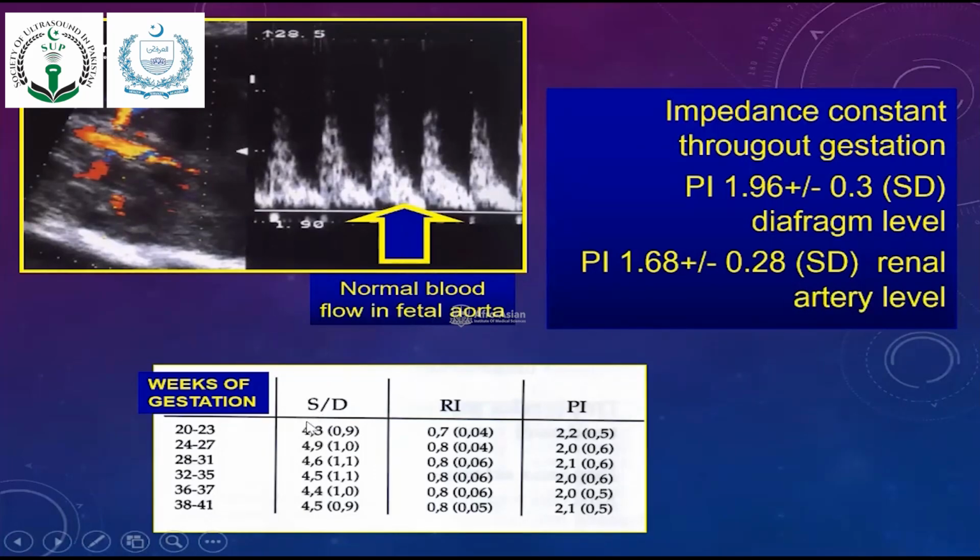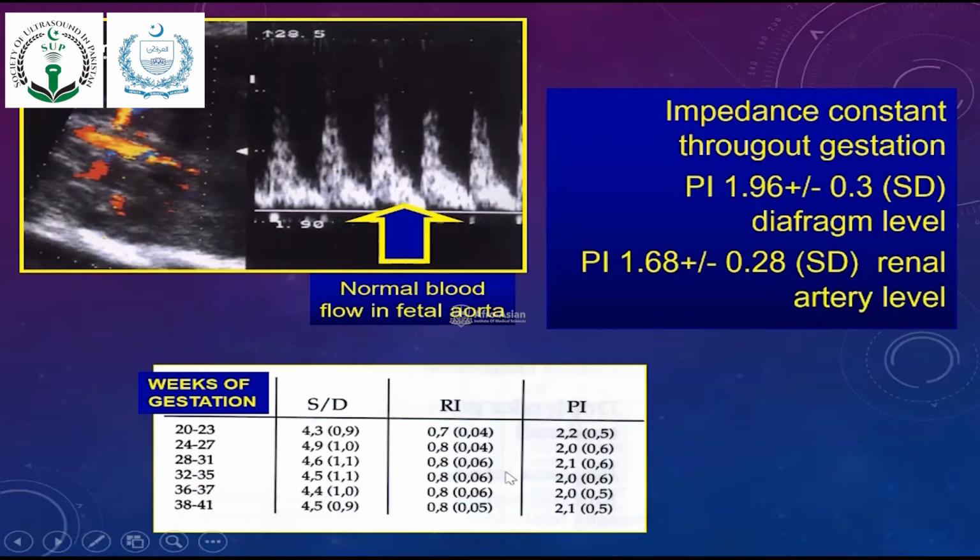You can see the SD ratio is 4.3 to 4.5 at different weeks. RI is 0.7 to 0.8. Umbilical artery RI was 0.5 to 0.6, varying at different ages. Here the resistance is a bit more as it is fetal aorta.